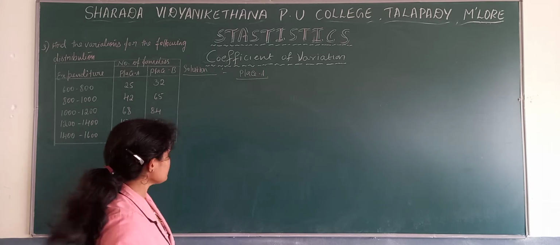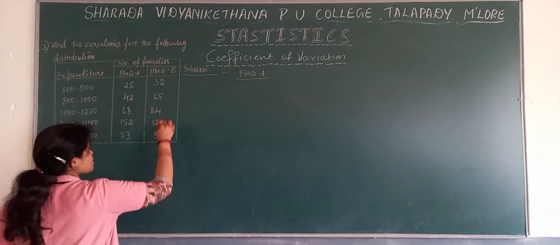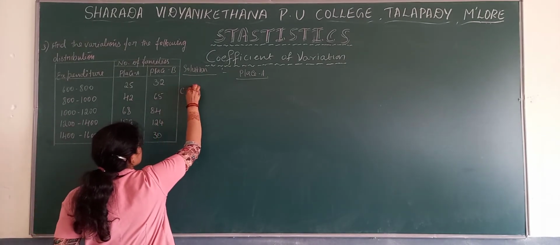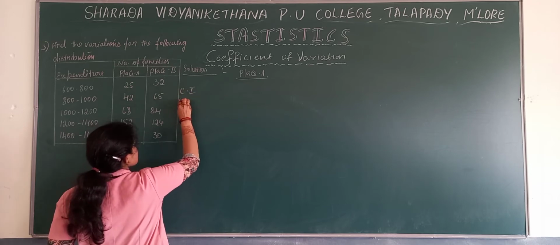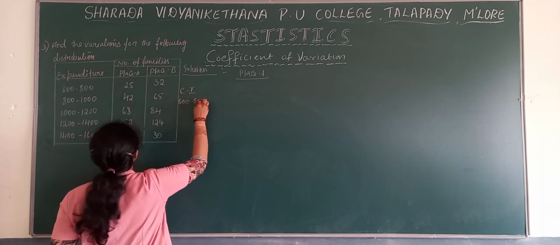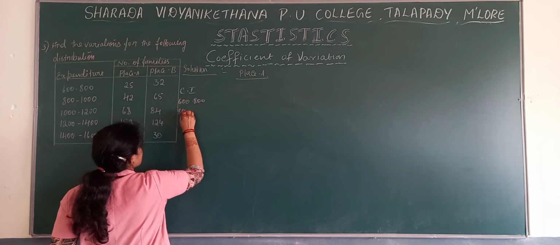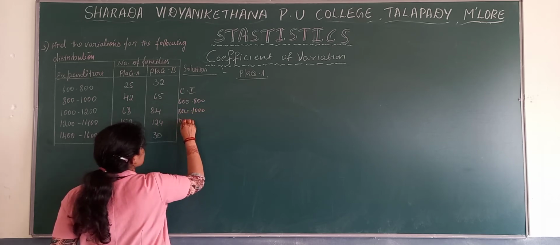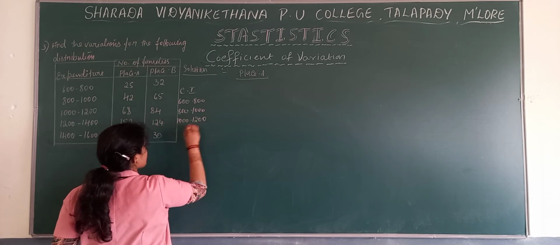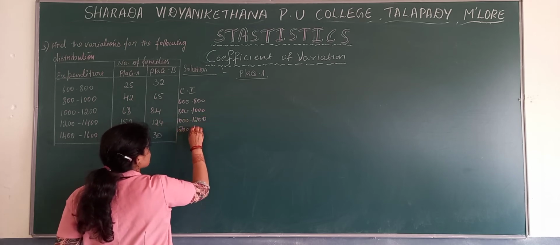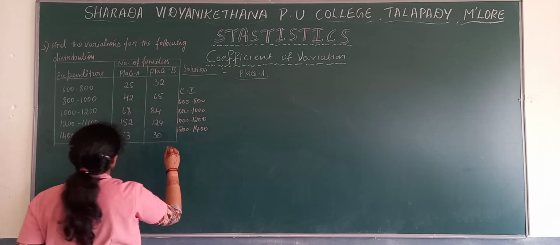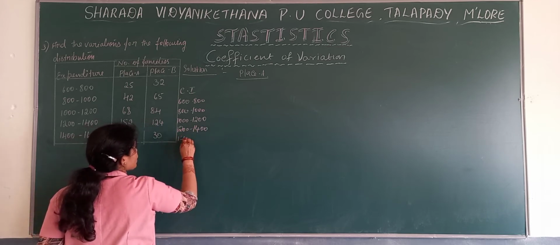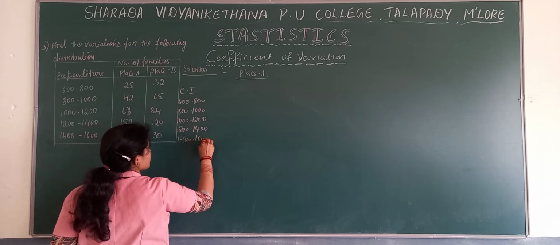Place A, take the class intervals. Class intervals are 600 to 800, then 800 to 1000, then 1000 to 1200, 1200 to 1400, 1400 to 1600.